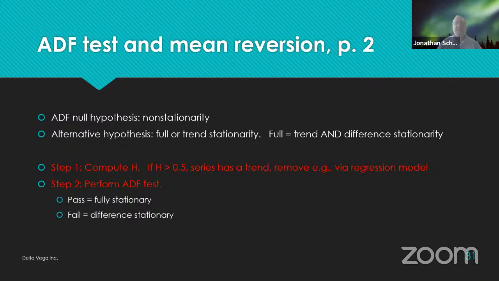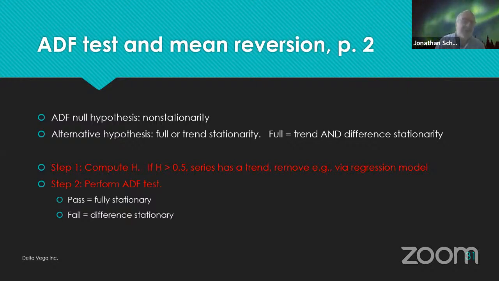So how do you use mean reversion in this together? As stated, ADF assumes mean reversion to the extent that the alternative hypothesis in ADF is either full stationarity or trend stationarity, but you cannot tell the difference between them unless you check whether it has a trend, right?